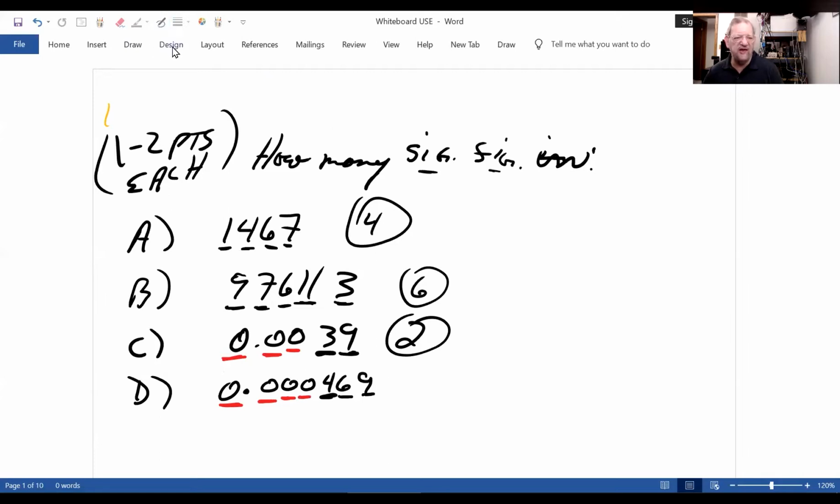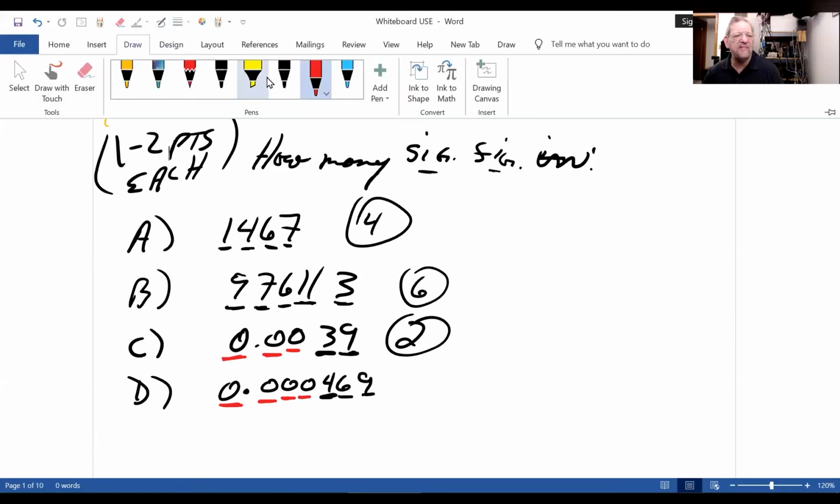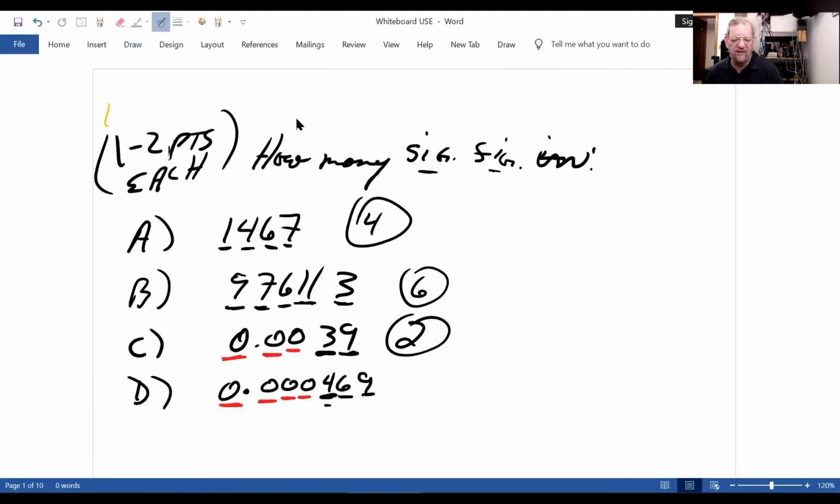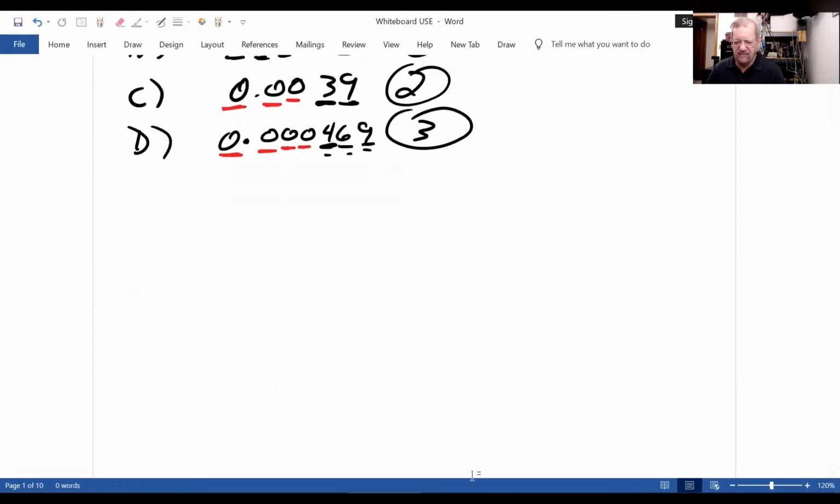So if I look at this, this has 1, 2, 3. These are not counted, the ones that are underlined. So this would have 3 significant figures. And everybody who put down 3 was right. Thank you. All right, let's continue on.